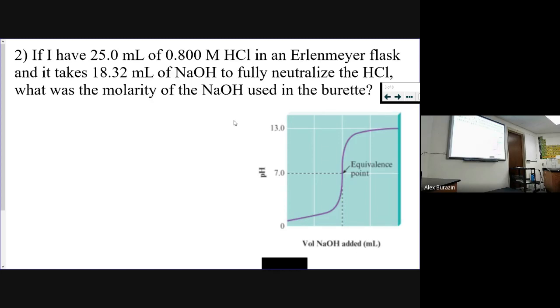Alright, what are we doing? NaOH, so we're gonna start with HCl. We had to do like 28 divided by... Is it 1-to-1?